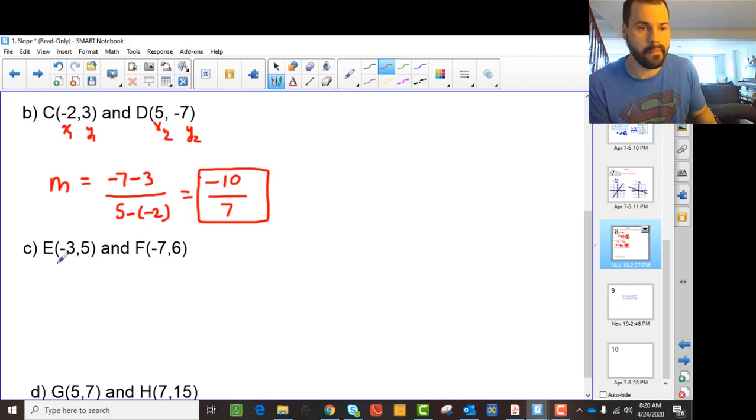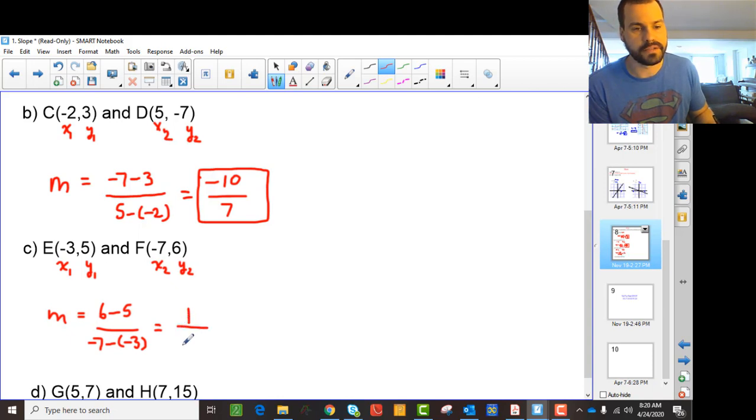All right, if we do this one, we have x1, y1, x2, y2. So our slope is going to be 6 minus 5, y values, and then minus 7 minus 3. So 6 minus 5 is 1, minus 7 plus 3 is minus 4.